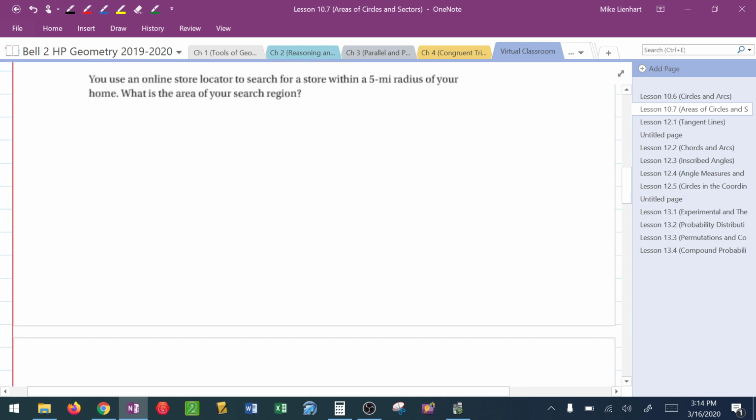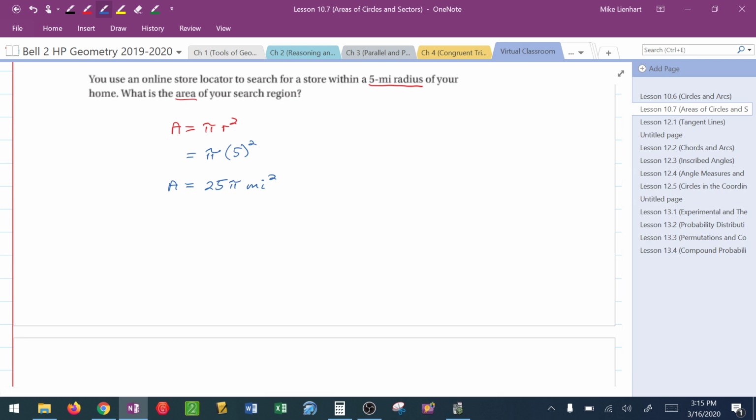So as a word problem here, it says use an online store locator to search for a store within a 5-mile radius. There's the key. You give me a 5-mile radius of your home. What is the area of your search region? I know that area is equal to pi r squared. So in this problem, I have pi times 5 squared, or an area of 25 pi miles squared. Now the problem is, how big is 25 pi miles squared?